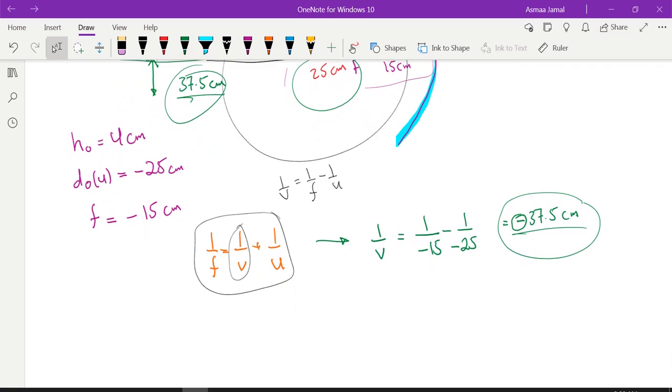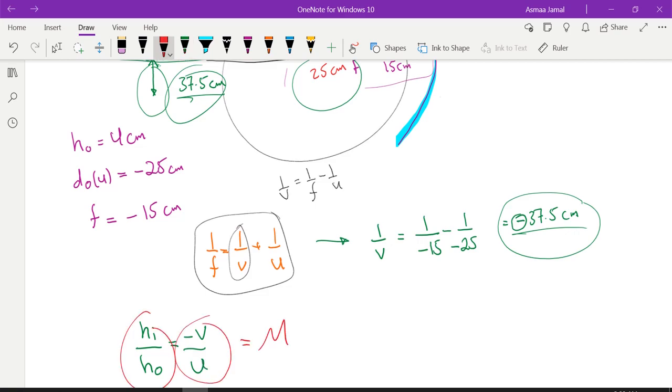Not just that, we can also find the size of the formed image. We can say the height of the image to the height of the object equals the image distance to the object distance. Those two equal the magnification.